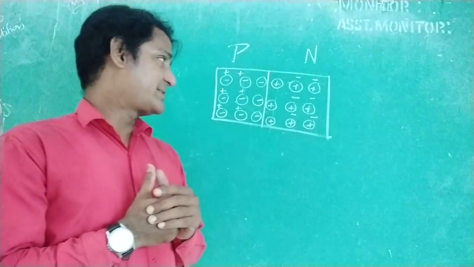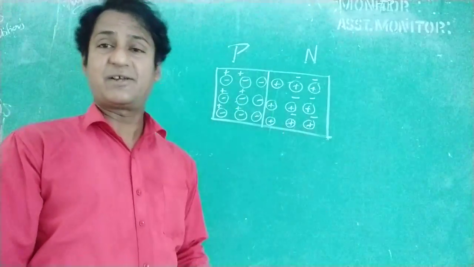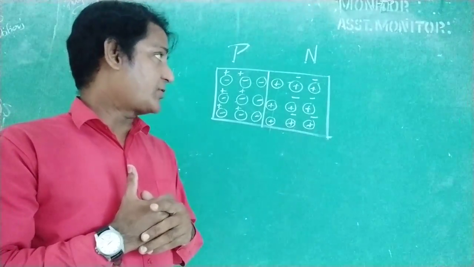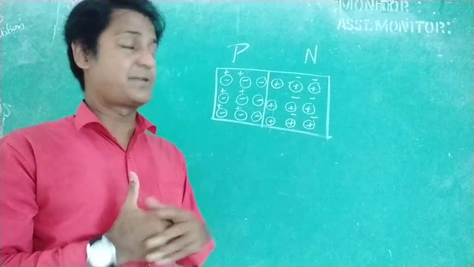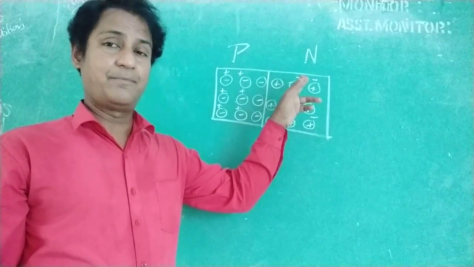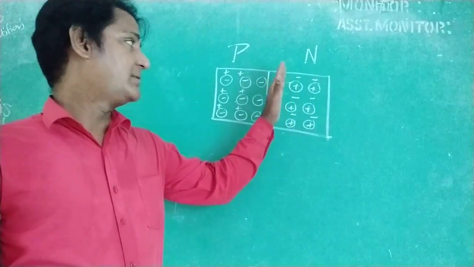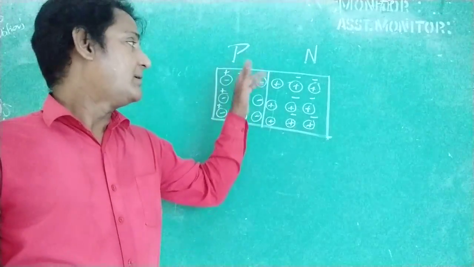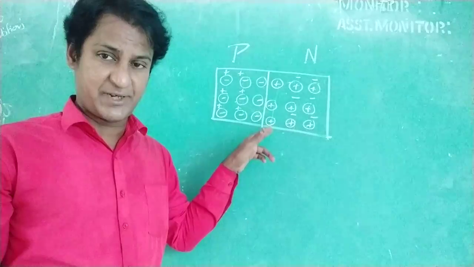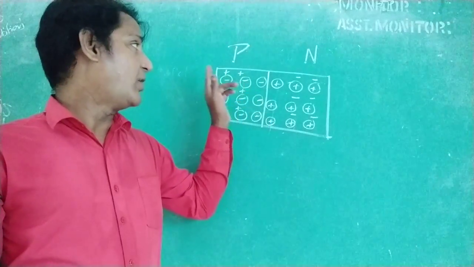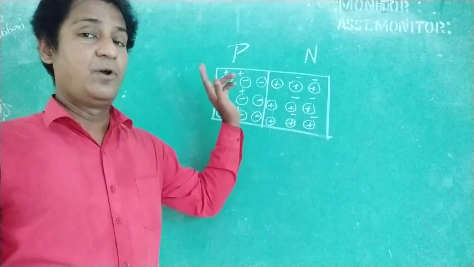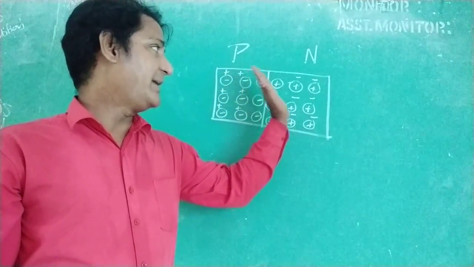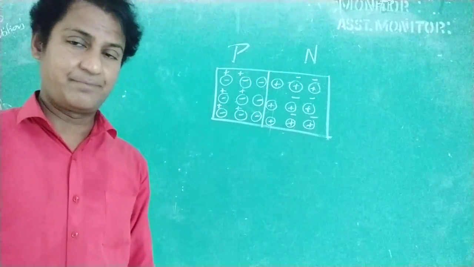Once this PN junction is formed, the electrons, the majority charge carriers from the N side, cross into the P side through the junction, and the holes, the majority charge carriers of the P region, cross the junction and enter into the N side.